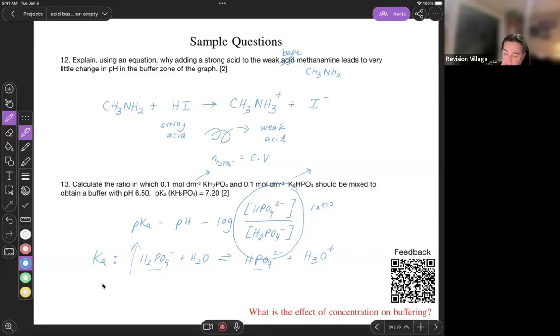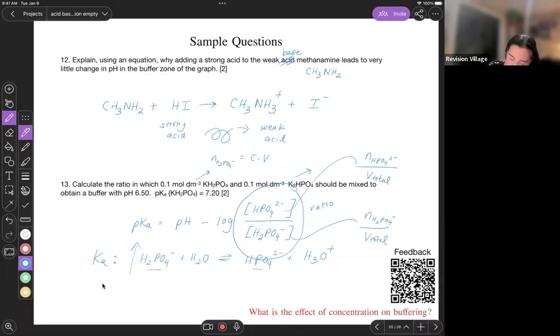how much of this one and how much of that one, or what volumes of those two things do I want? And so when I'm looking at the ratio in my Henderson-Hasselbalch, what I'm imagining is that I have here the number of moles of HPO4 2 minus over the total volume of the mixture. That is how much of both of those solutions I bring together. And here I'm going to have the number of moles of the monobasic divided by the total volume.